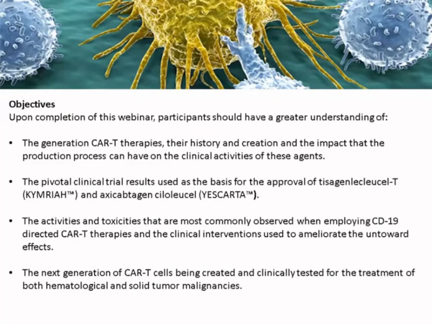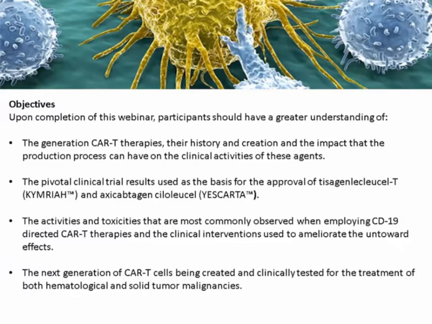I will review the clinical activities of the two approved CAR-T products, tisagenlecleucel-T, also known as Kymriah, and axicabtagene ciloleucel, Yescarta, and approval endpoints for these highly active immunotherapies. Along with their profound activities, I will also highlight the unique toxicities that accompany the use of these immunotherapies. Finally, I will go into the future of CAR-T cells to target solid tumor cancers.